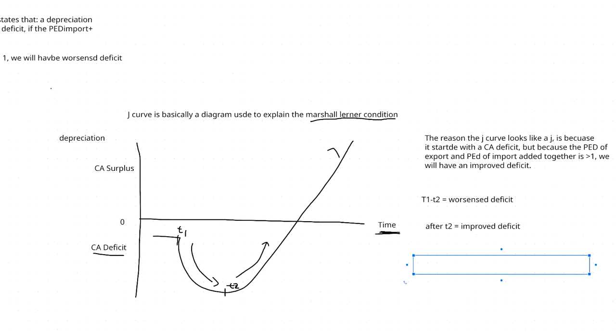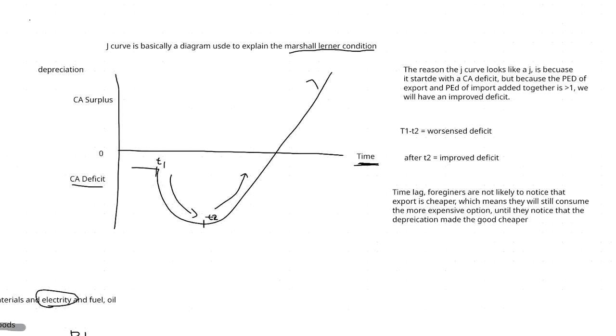So they will still consume the more expensive option until they notice that the depreciation made the good cheaper. So this is between T1 and T2.